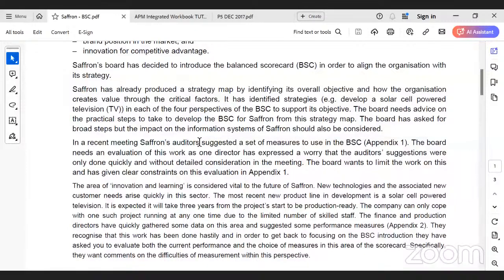I want you to read the paragraph related to the scenario and also the Appendix 1, and then tell me what the constraint is.